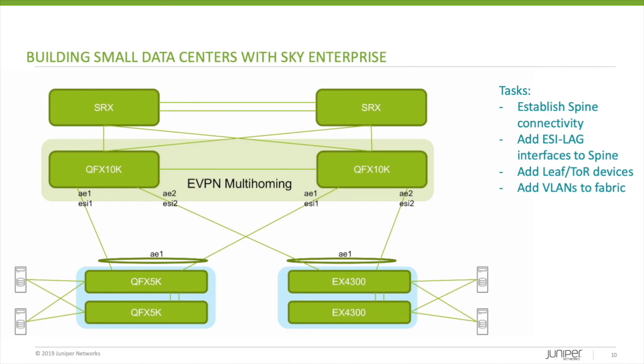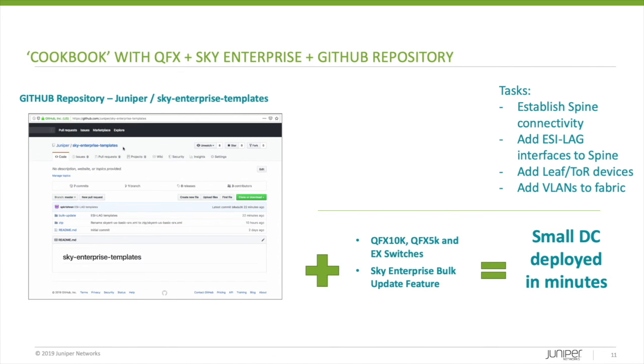Now, the really interesting thing there is those types of tasks that we're going to be doing to these devices. We're going to be configuring those spines together. We're going to be connecting new devices into the fabric, and we're going to be doing tasks like adding new VLANs across the fabric. And these things are going to vary depending on your design and your setup. As it is a multi-device scenario, the bulk update tool really does give us some really smart things we can do with that.